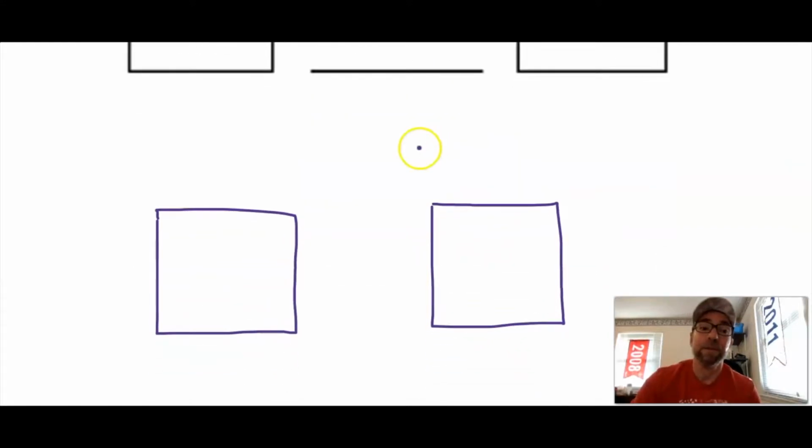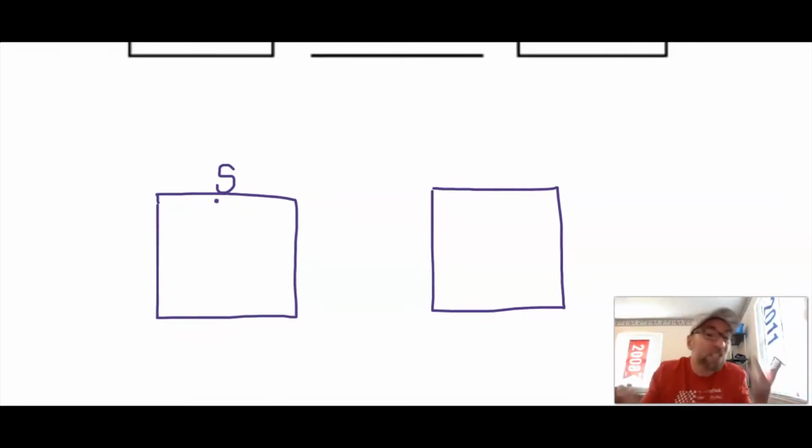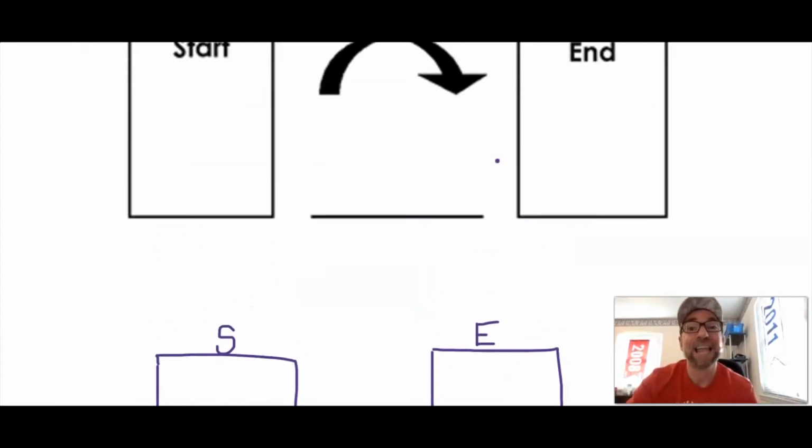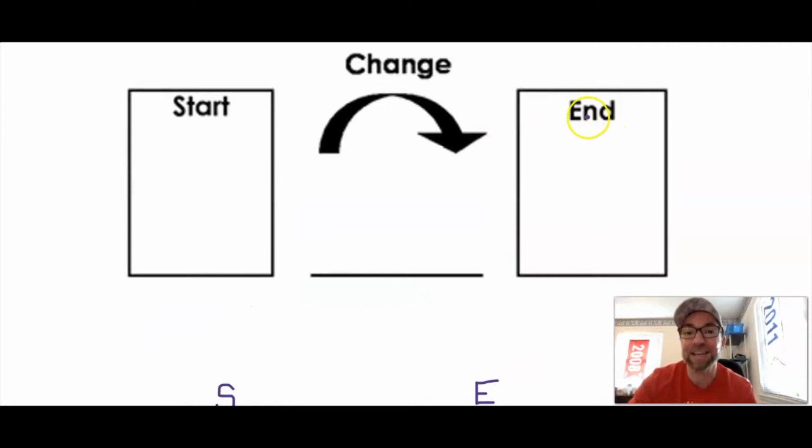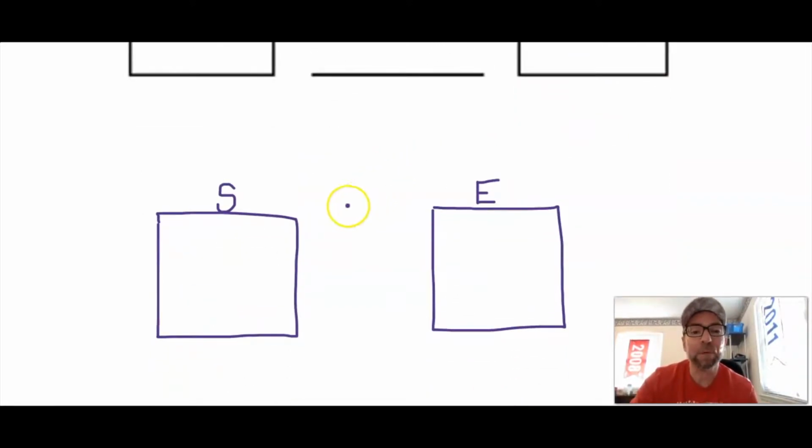Now, the first box is called the start. So I just put an S. What does the S stand for? Start, right? That's a start. And in the last box, I put an E. What do you think the E stands for? It stands for the end. Now, in the middle, I'm going to put an arrow at the top.